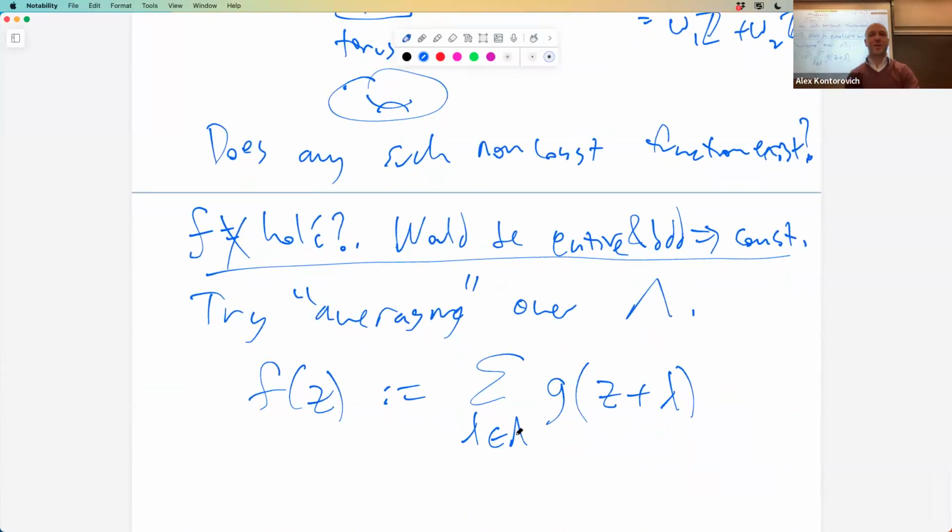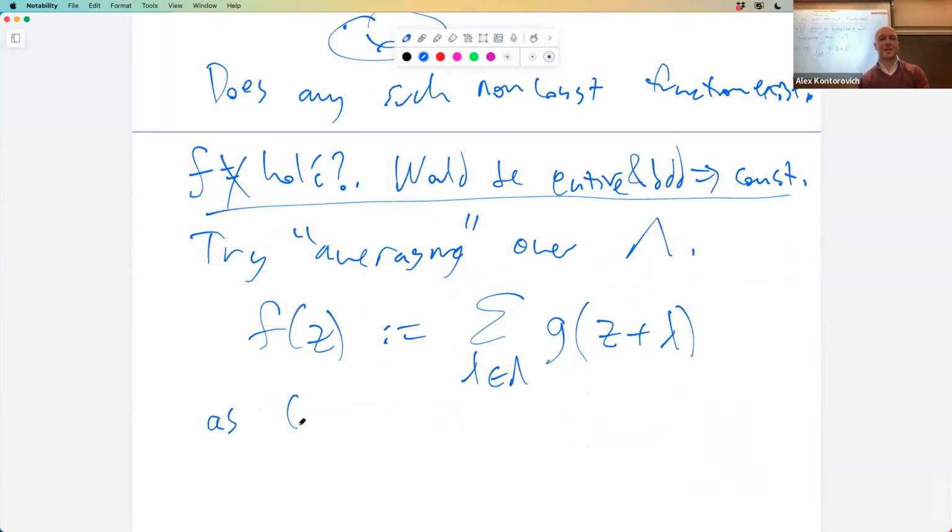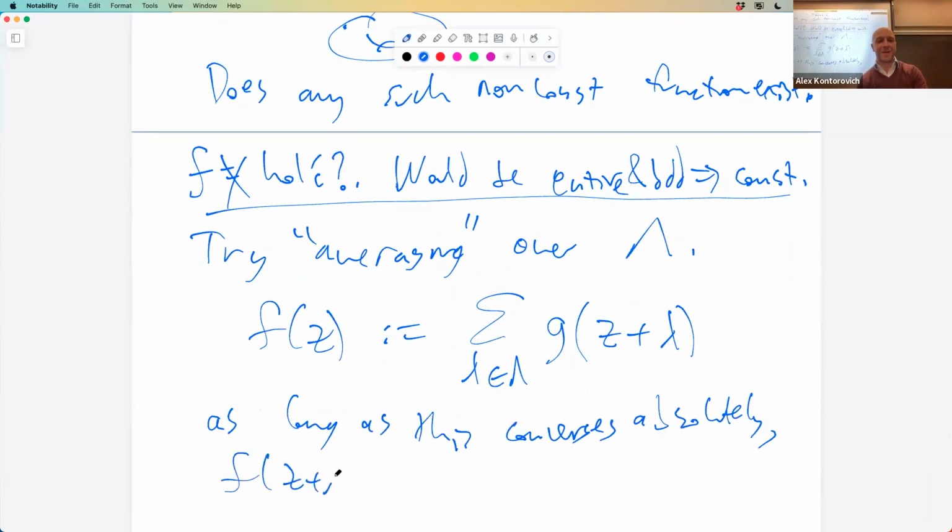As long as this converges absolutely, f of z plus lambda will be f of z, because if I replace z by z plus a fixed lambda 0, I just make a change of variables. This is a group, so we're still summing over the same thing.